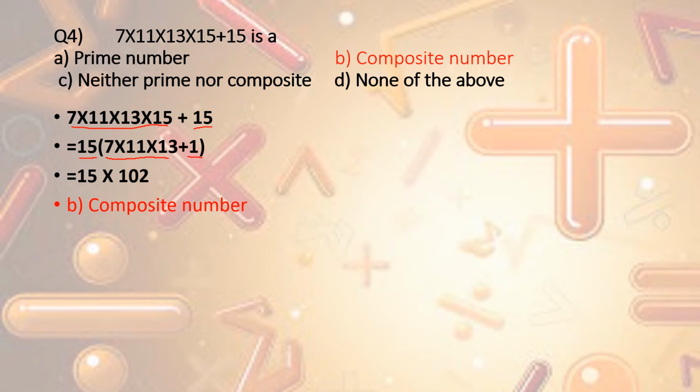You can make these calculations and you will get this, or even without solving you can easily observe that these are two numbers and the product of two numbers is nothing but a composite number.